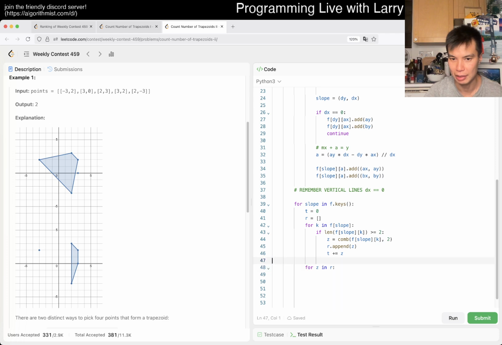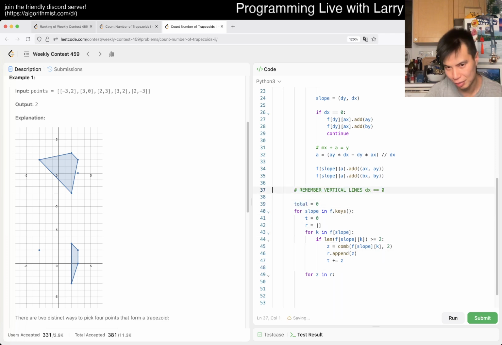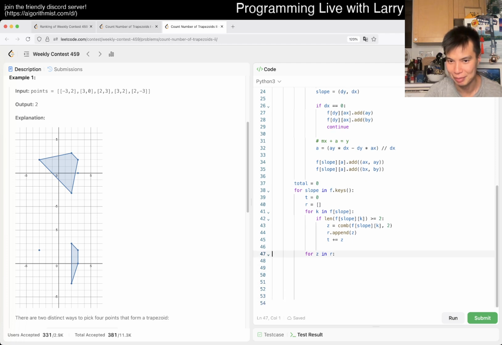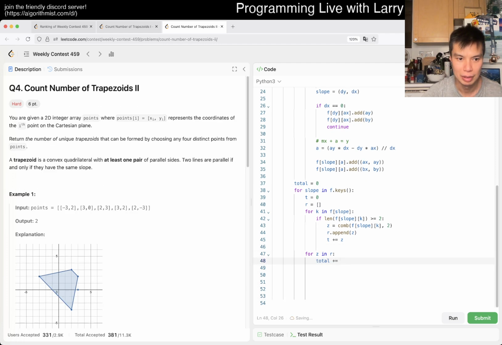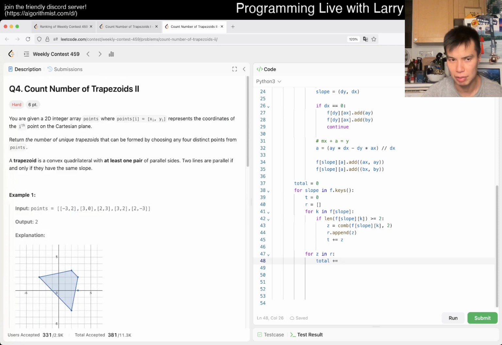Actual total could be outside. Actually, we already handled this, maybe ideally, maybe not, but total we added by, do we have mod? There's no mod. I guess there's only 500, so maybe not. 500 to the 4th is maybe not. But you go to z minus t, or z times z minus t, and then we just return total. And I think maybe we're done.